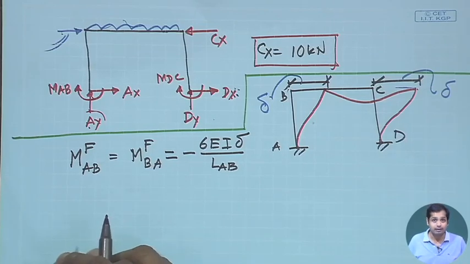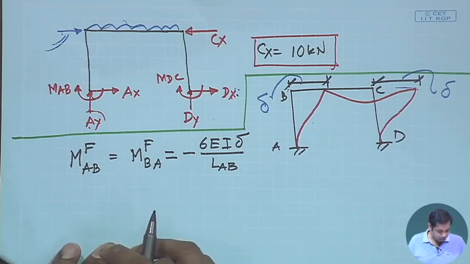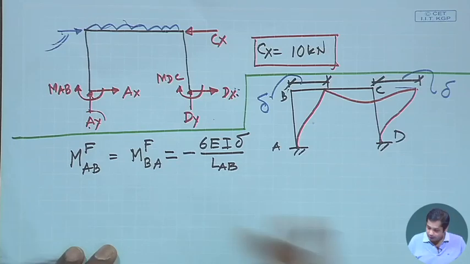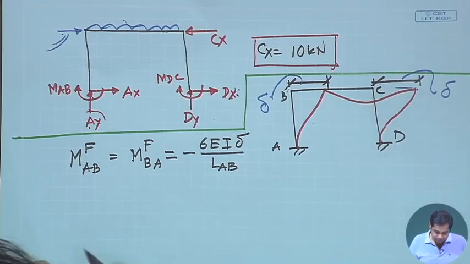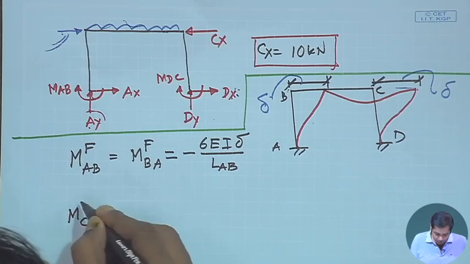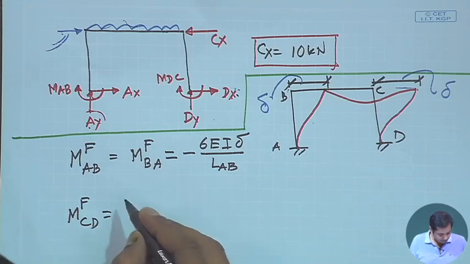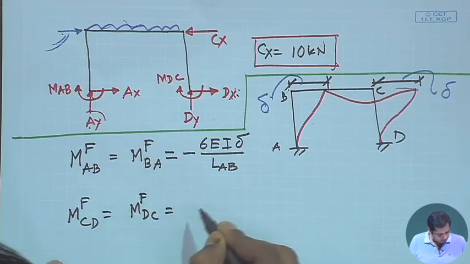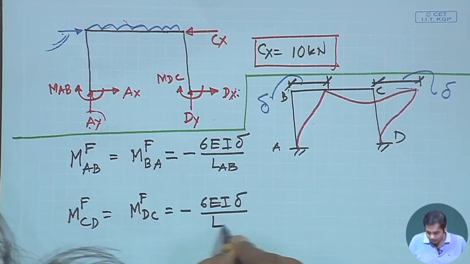Similarly, the fixed end moment MCD is equal to MDC, again fixed end moment, which is equal to minus 6 EI delta by LCD.